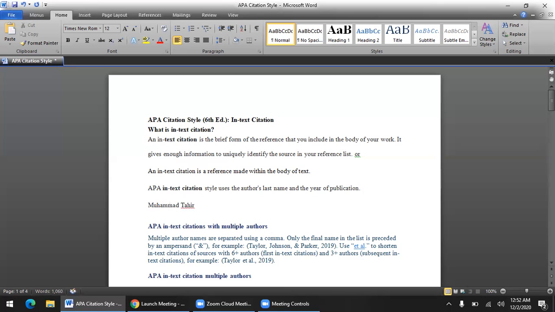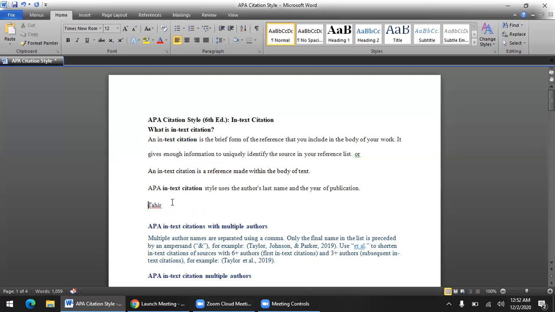Muhammad Tahir, 2020. He has written a research article, whatever, in 2020. Just write like this according to APA 6th edition: last name, Tahir. You will remove the first name.